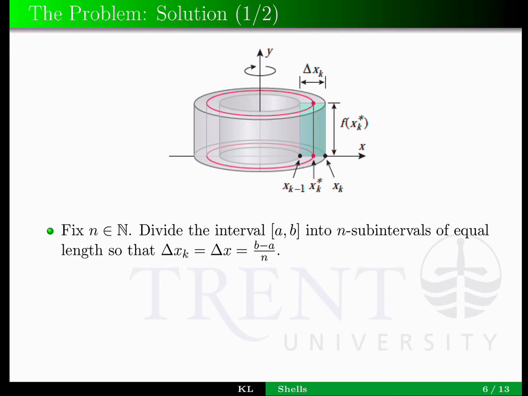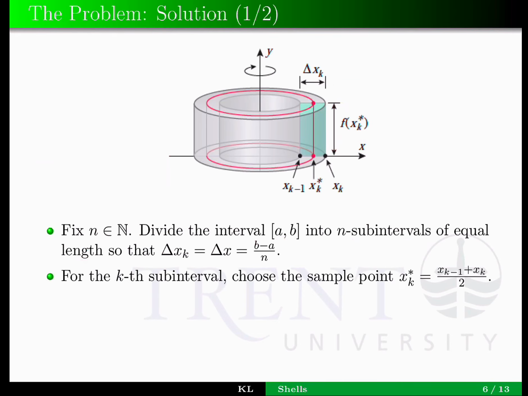So, the details, we divide the interval AB into n subintervals. In our computation, n subintervals of equal length, so we'll just denote it as delta x. I mean the length of the subinterval is delta x. For the kth subinterval, we choose the midpoint. That will be our sample point.